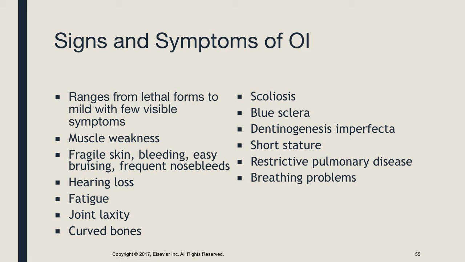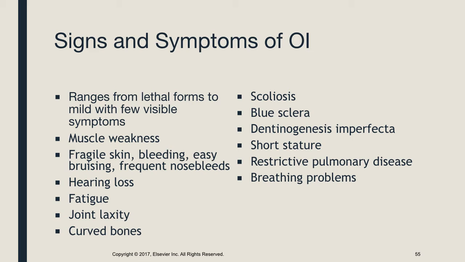Often there are curved bones. Again, it has to do with the fact that the bones are not developing and hardening with the calcification the way they should. Scoliosis is common with it. One of the things they look for when diagnosing it is whether or not the sclera is blue, and I have some pictures of that on the next slide.